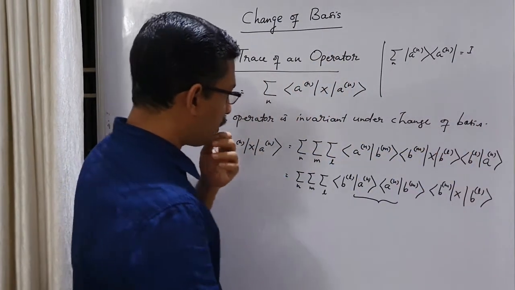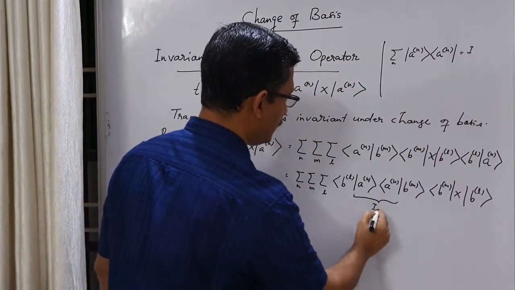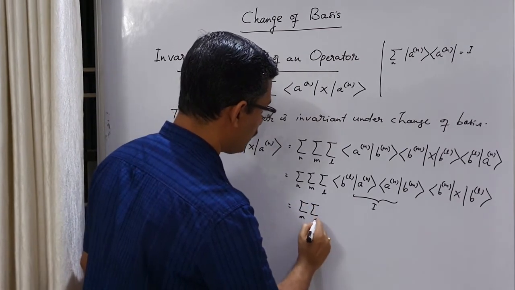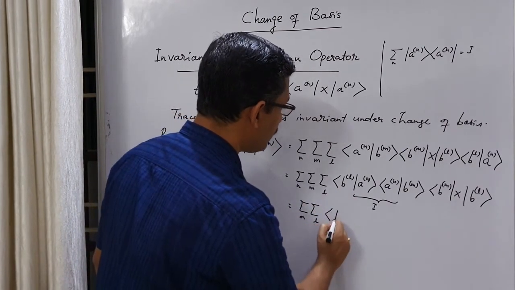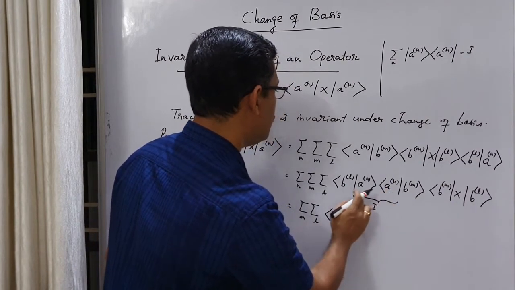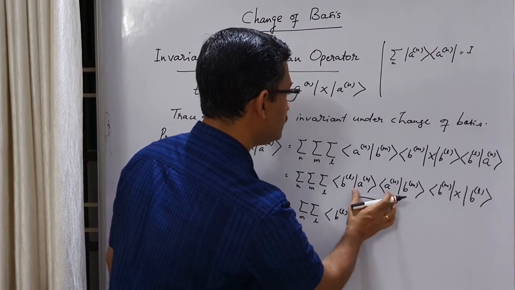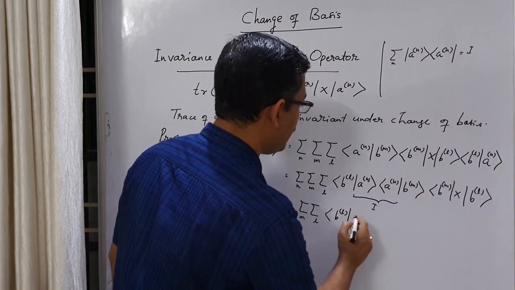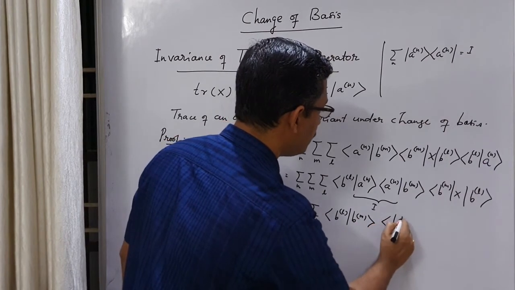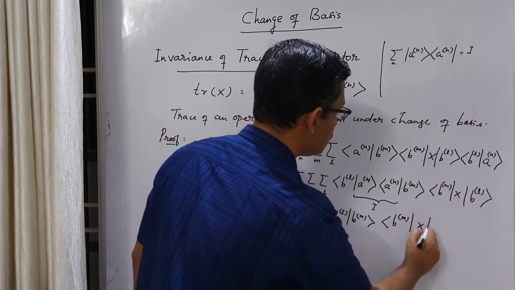So we can put an identity here, and the summation also will go. So we have sum over m, sum over l, and then bra vector bl. If this is identity, then these two have gone. Then you have ket bm here, then bm x bl.